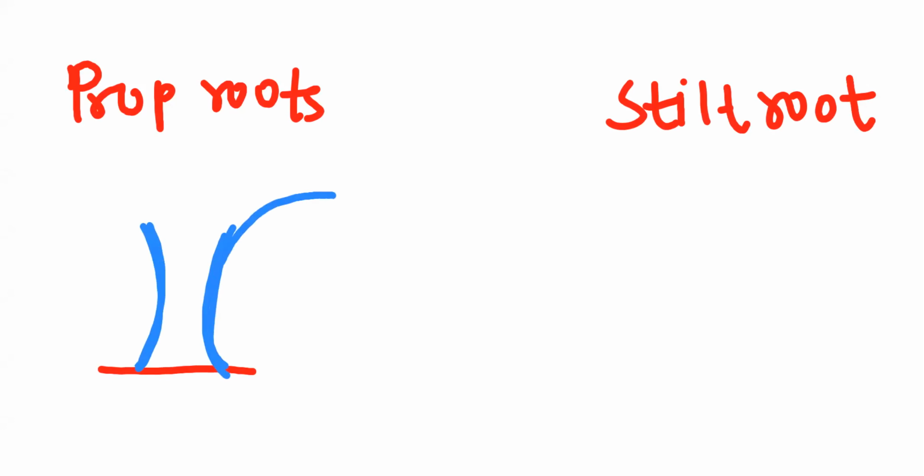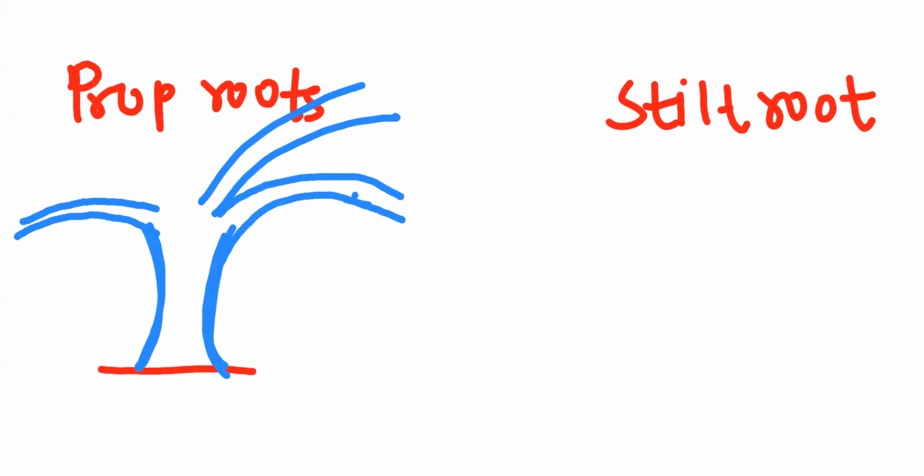Prop root, in that example, banyan tree. Banyan tree is very huge, and its branches grow horizontally, and the branches are heavy and thick also. They are spread like this. So due to their own weight, these branches can fall off.